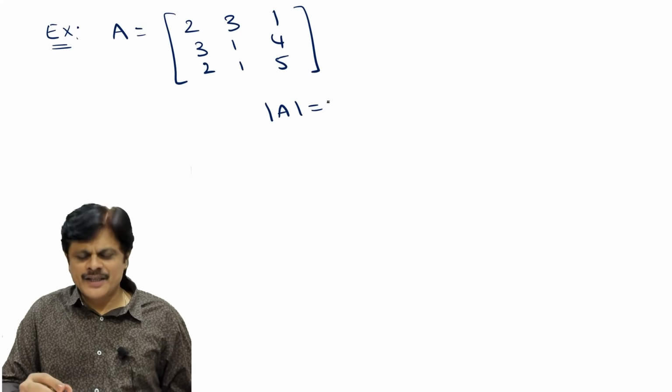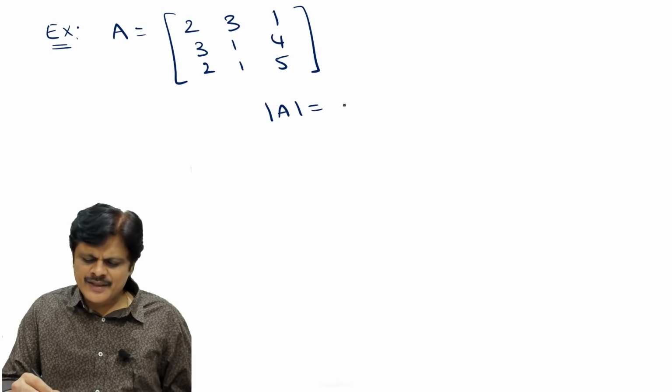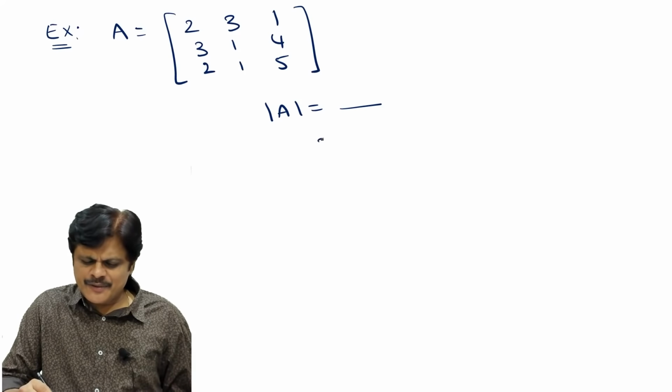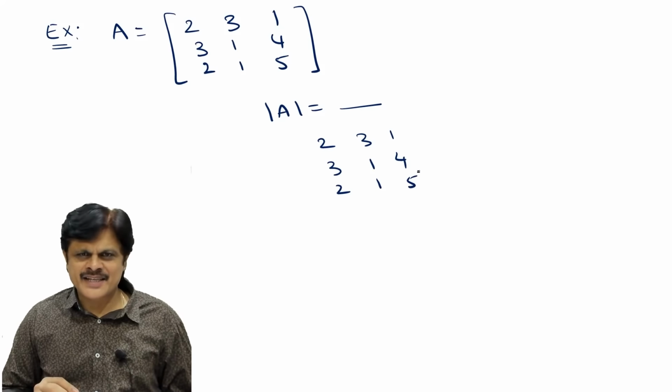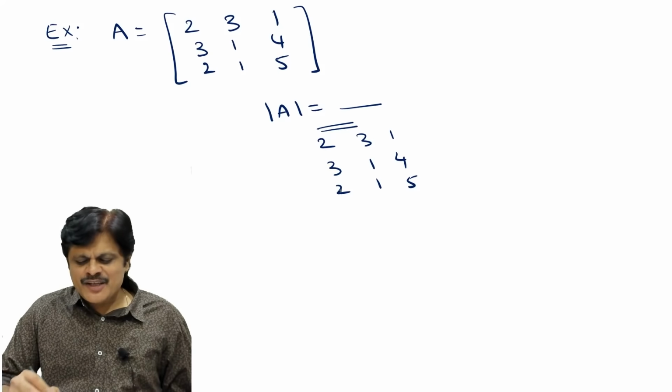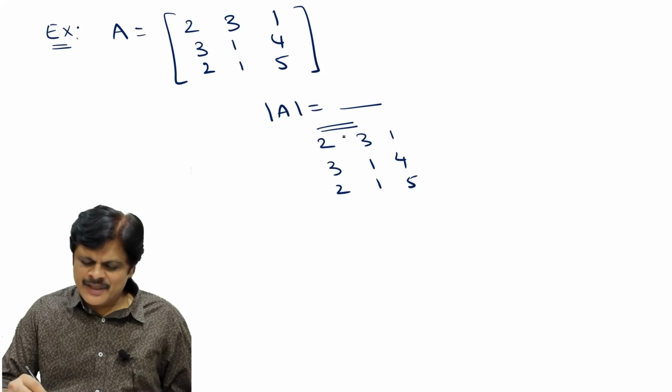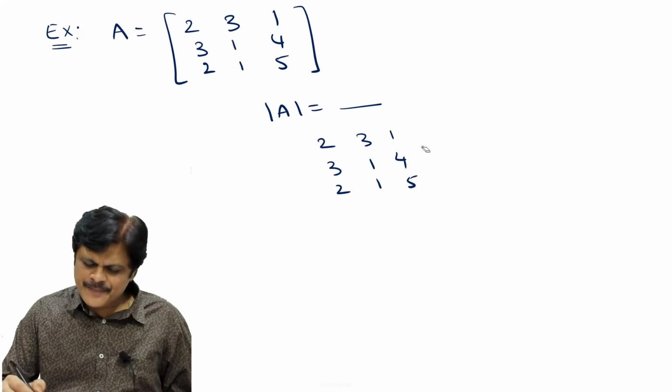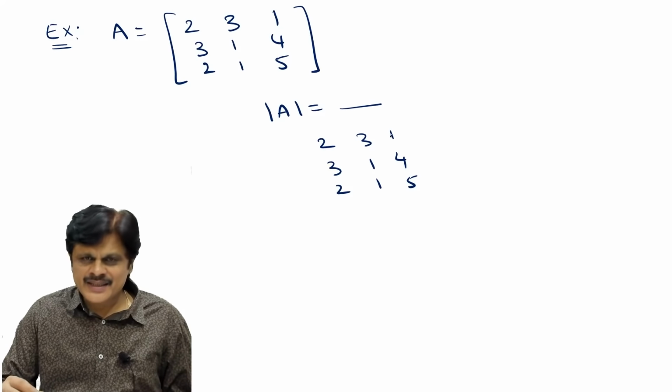When you want to find the determinant of this matrix, there is one method where you write the matrix as it is: 2, 3, 1; 3, 1, 4; 2, 1, 5. Then you copy the first two columns and paste them after the third column.